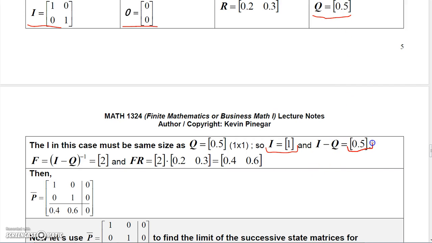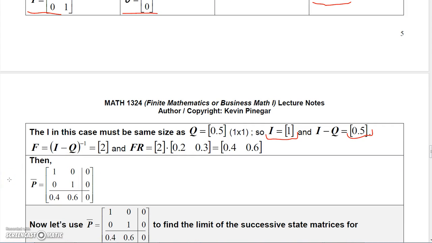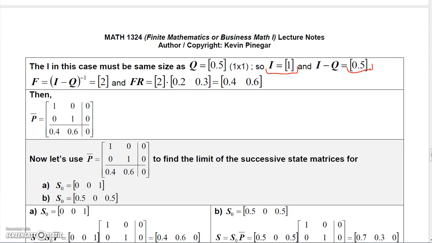Now, finding the inverse of a matrix can be tricky, but if it's just a 1 by 1 matrix, it's simply the reciprocal of the number. Since I minus Q is a half, the inverse of I minus Q is simply the reciprocal of a half, which is 2. So (I minus Q) inverse is 2.